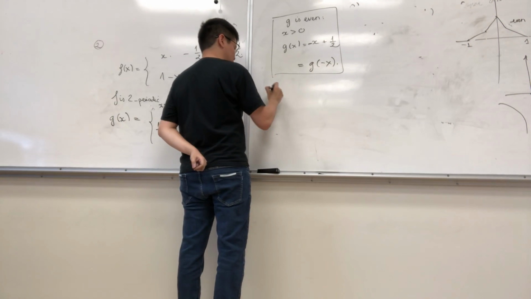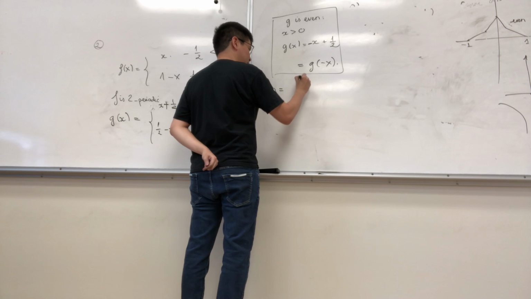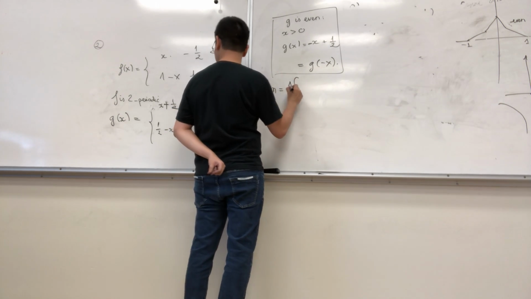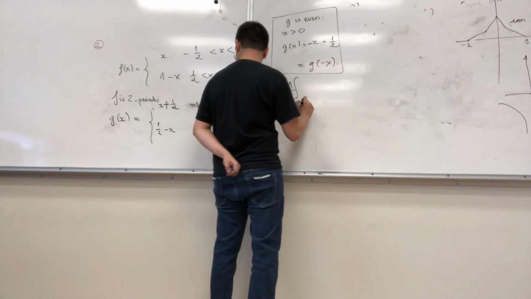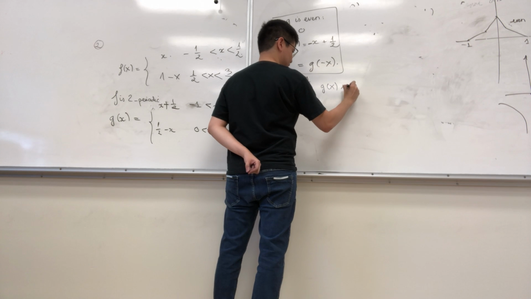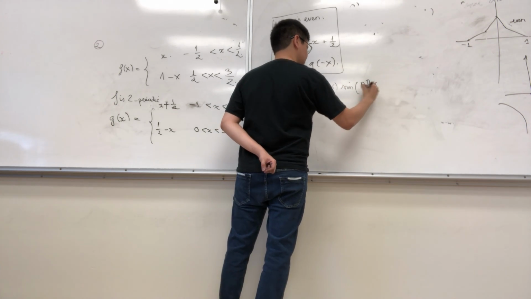So now we're going to compute a_n. Let's just compute b_n first. So you have b_n is 1/2 integral from -1 to 1 of g(x) sine of n pi x over 2.